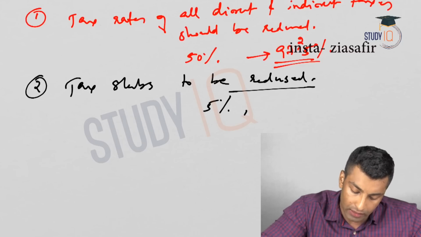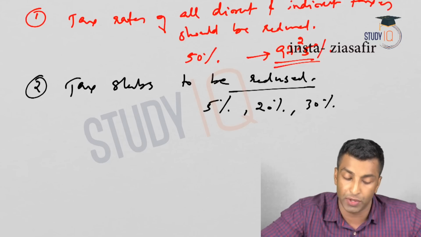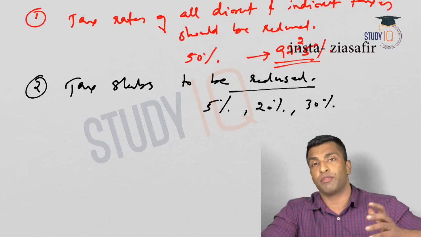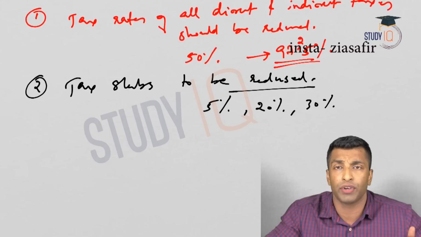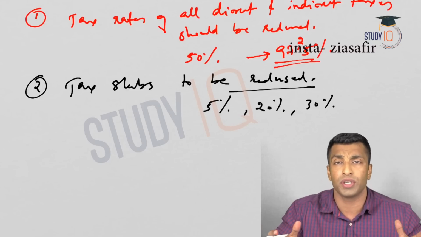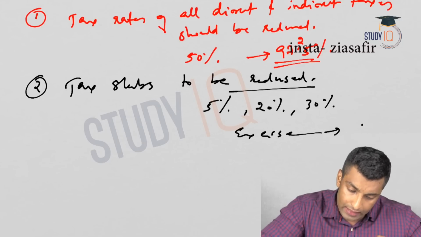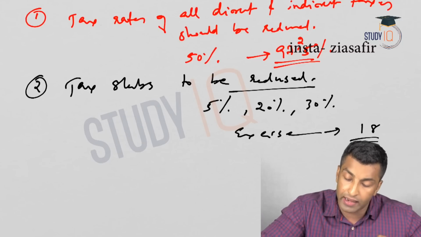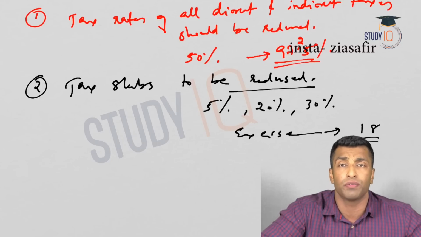Now what are the tax slabs? There are 3 rates, that is 5%, 20% and 30%. Before that was not the case. Starting from 10, 15, 20, 25, 30, 35, 40, 45, 50, these were the different slabs. So people had confusion about where they would fit in. Similarly, in case of excise, there were around 18 different slabs, 18 different rates. That will generate confusion.